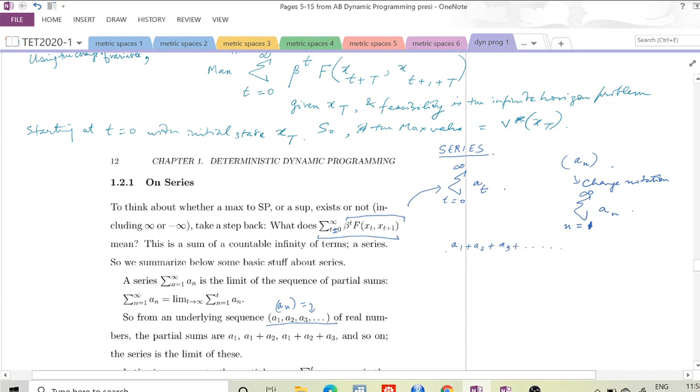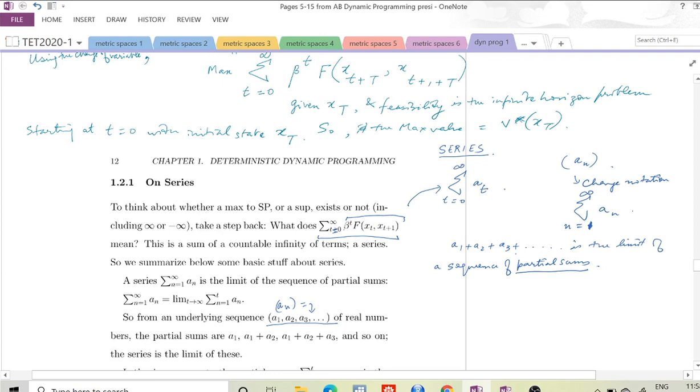To define what adding them all up means, we will use that it means that this is the limit of a sequence of partial sums. So what are these partial sums?